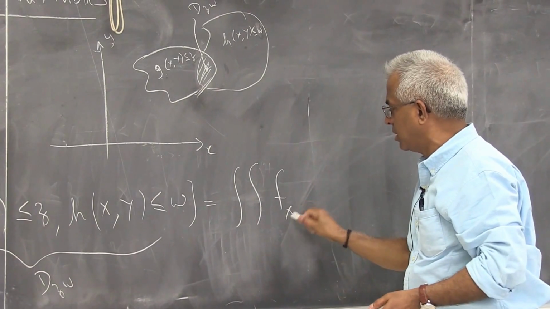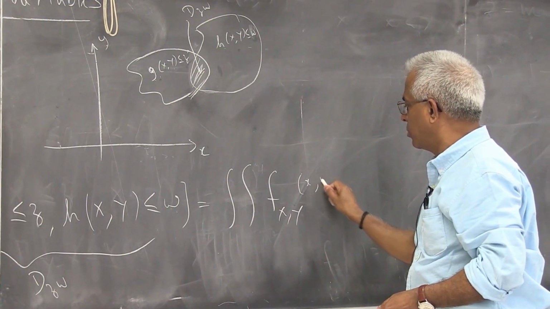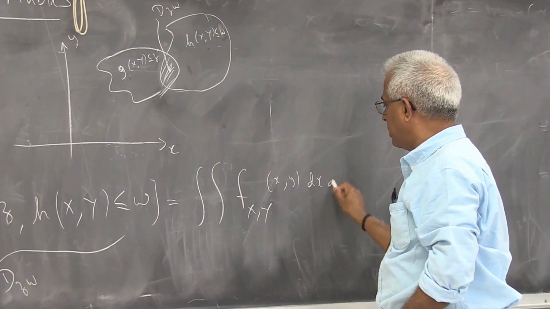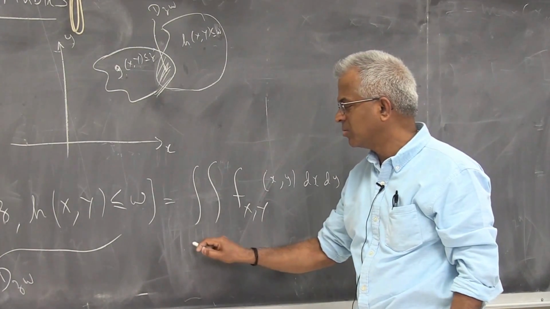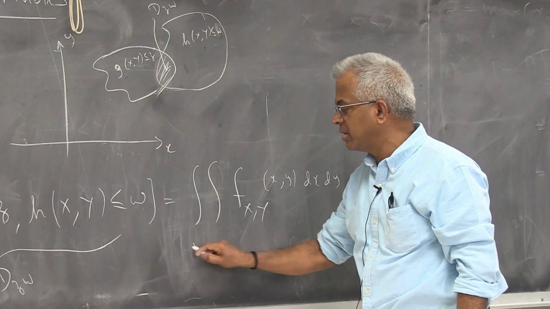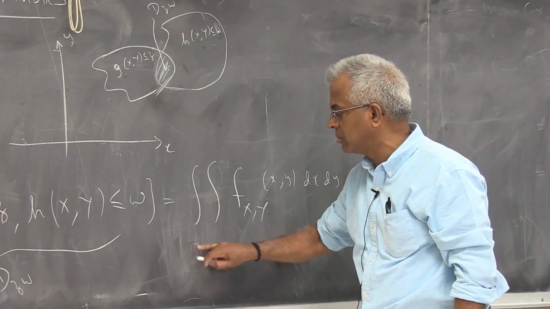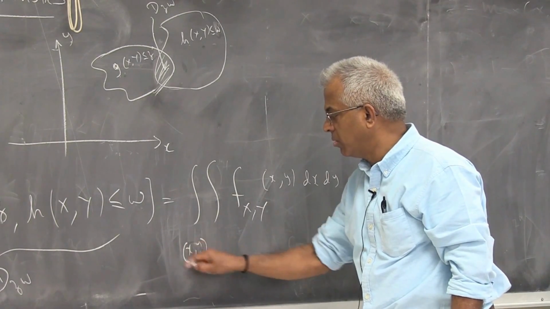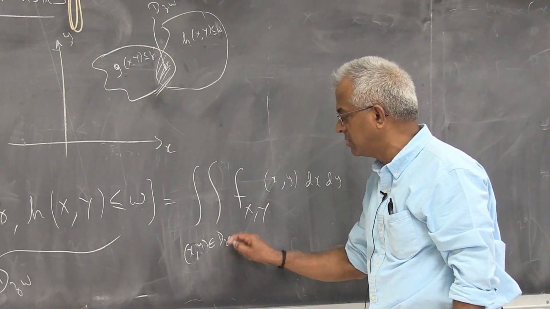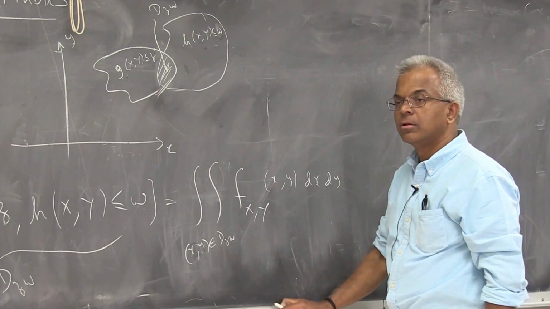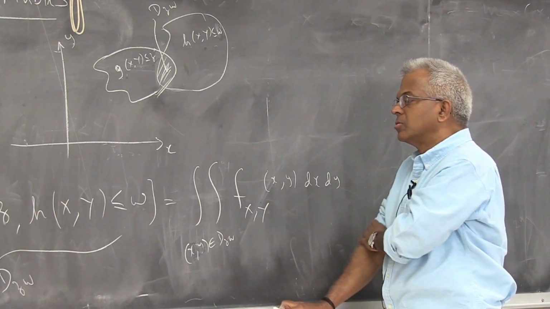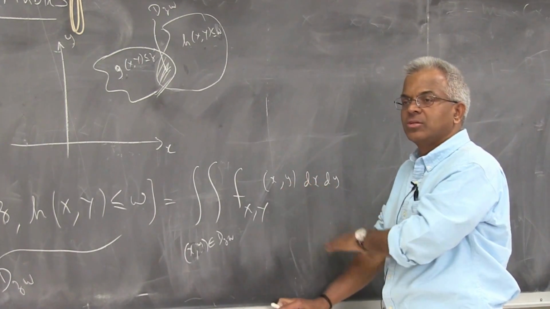So that would be the integral of f_XY(x, y) dx dy. I'm just going to write it as integrate over (x, y) belonging to D_zw. So in principle this is good, the rest is all details.